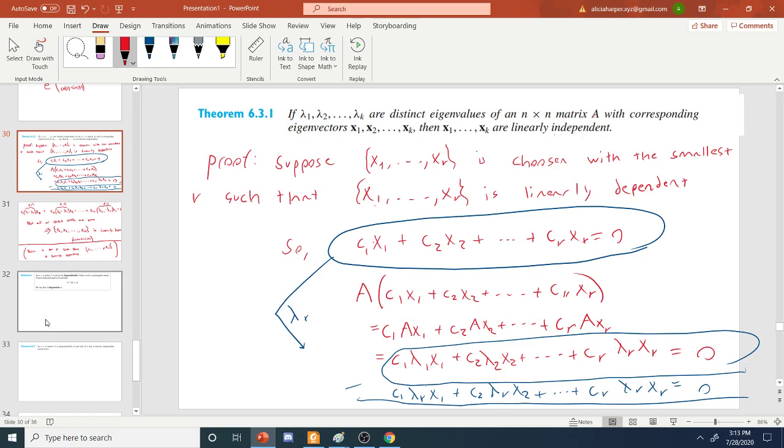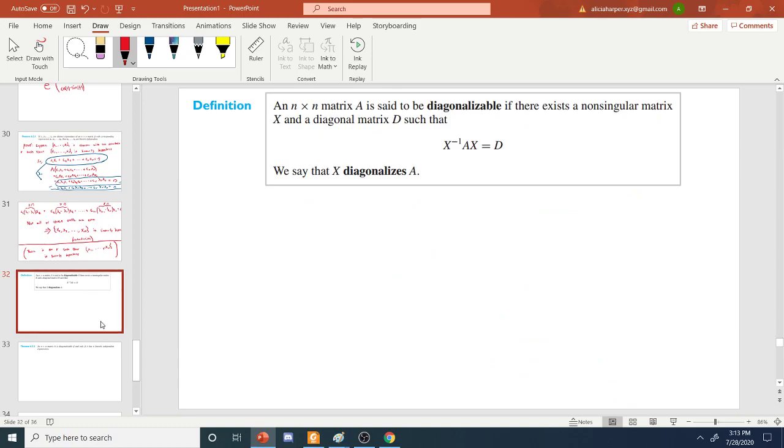Now, time for the fundamental definition. We say that an n by n matrix A is diagonalizable if there exists a non-singular matrix X and a diagonal matrix D such that X inverse times A times X is equal to D, and we say that X diagonalizes A. What this essentially says is that A is similar to a diagonal matrix.